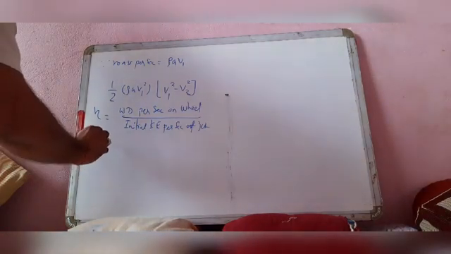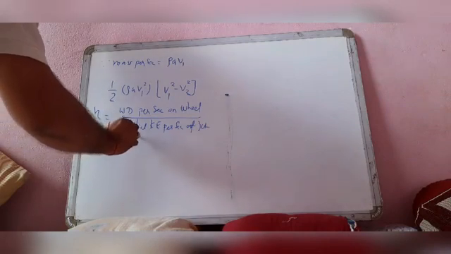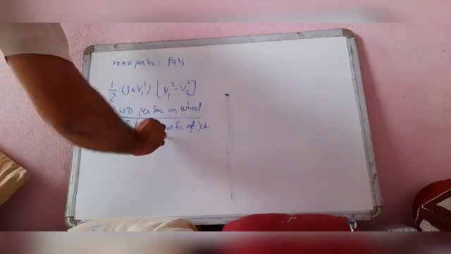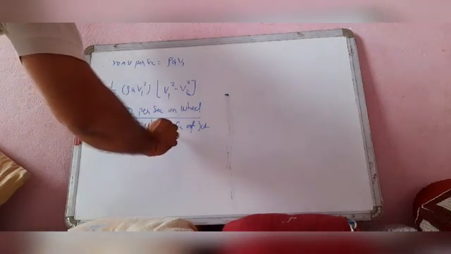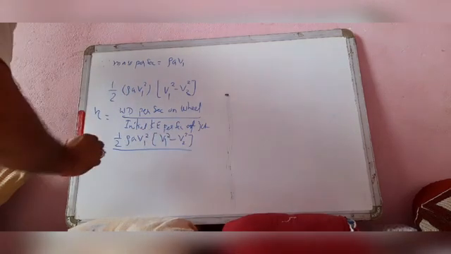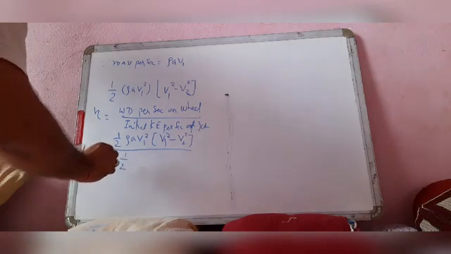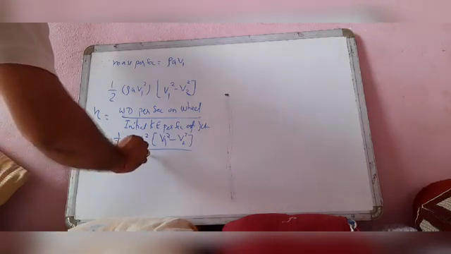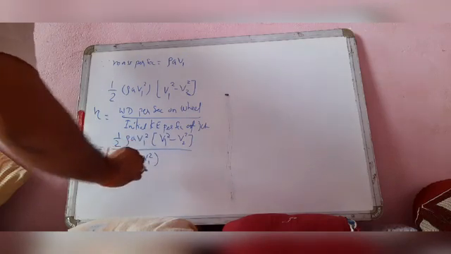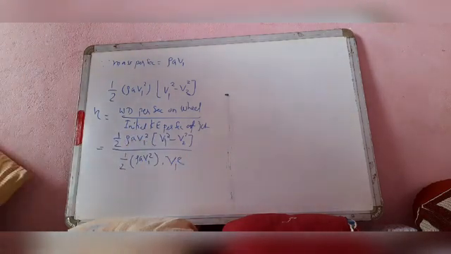So this is half of rho a v1 square into (v1 square minus v2 square) divided by half of rho a v1 square into v1 square.